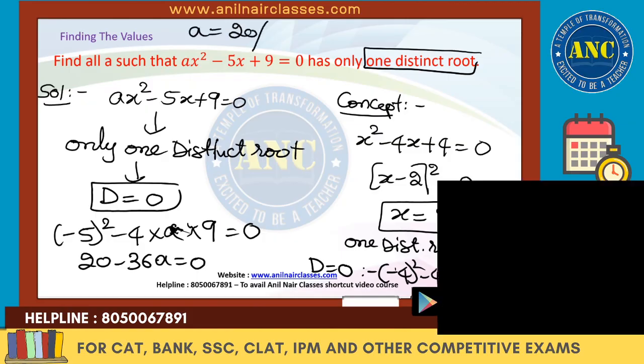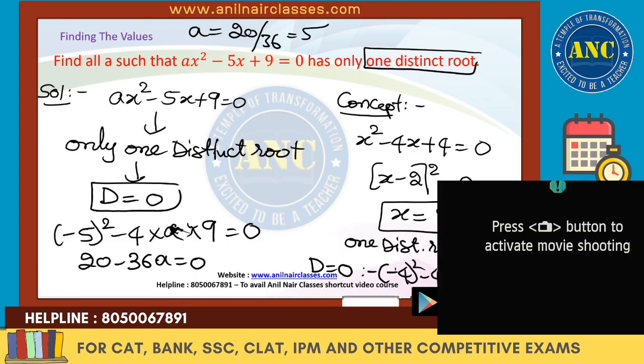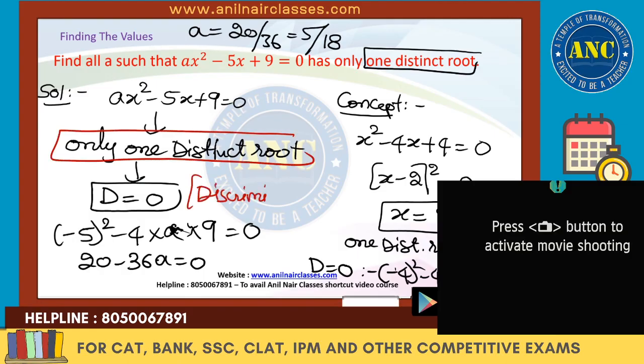A is nothing but 20 by 36, which is 5 by 18. For it to get only one distinct root, what should be 0? Discriminant should be equivalent to 0. Then I will get only one distinct root.